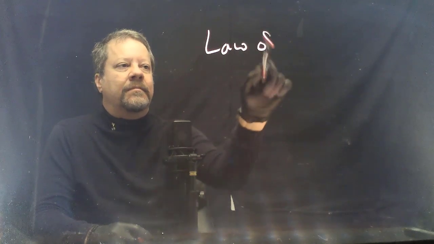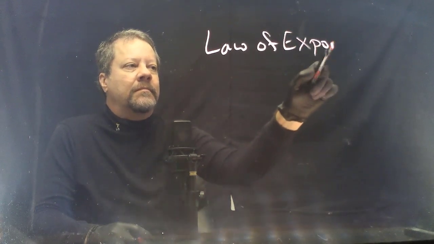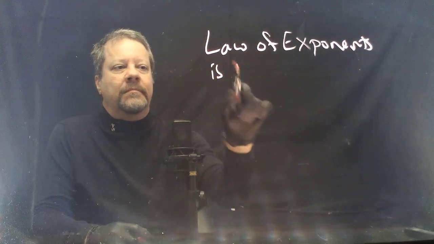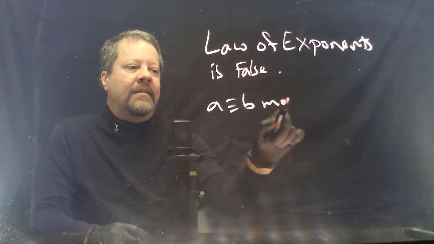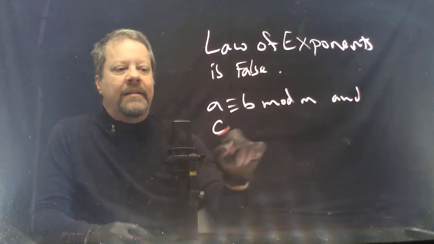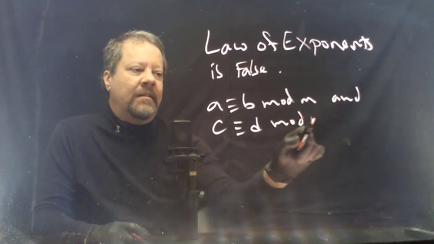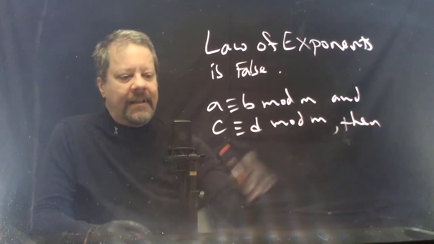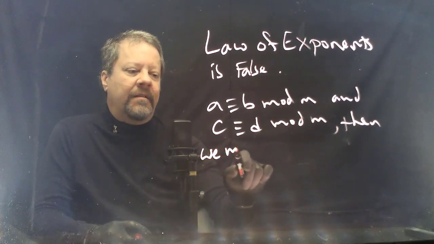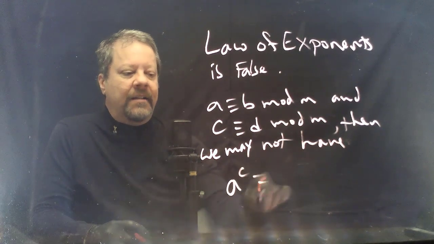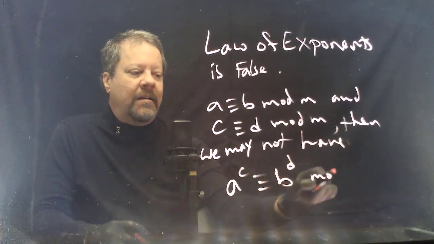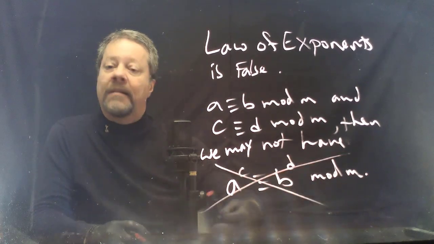Also, the law of exponents may not work either. If A is congruent to B mod M, and C is congruent to D mod M, then we may not have A to the C congruent to B to the D mod M. This may be false.